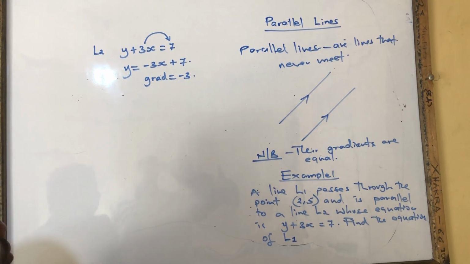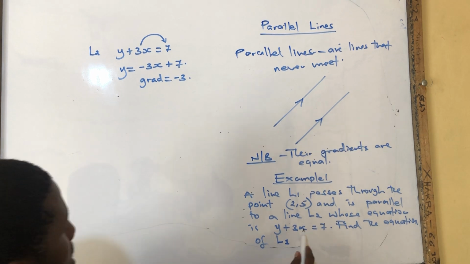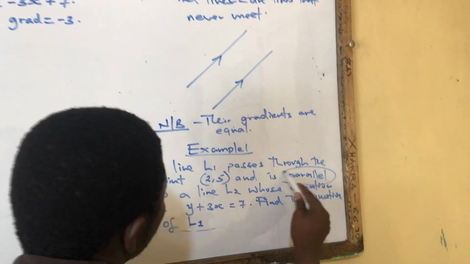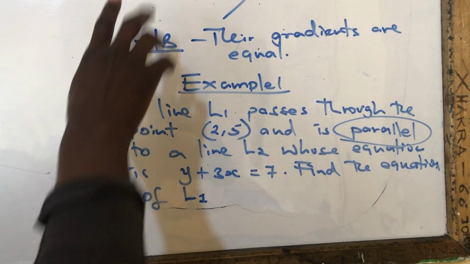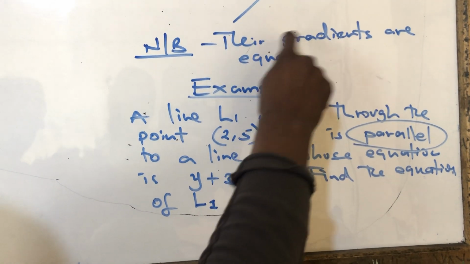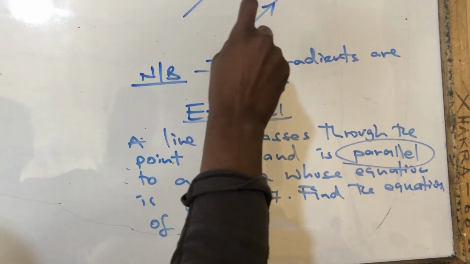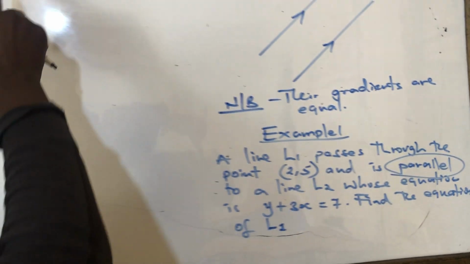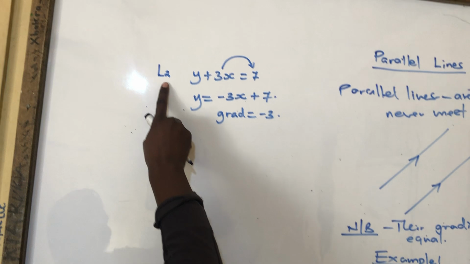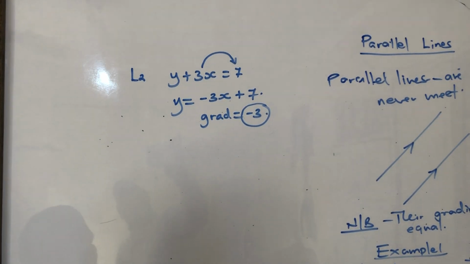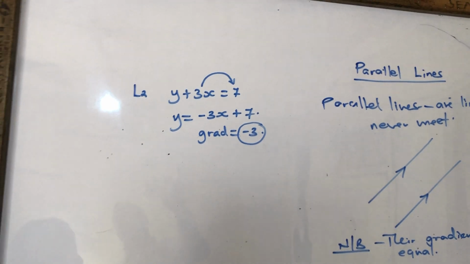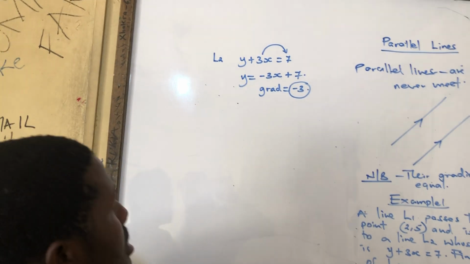Again, do take note, the question told us that the two lines are parallel to each other. We have already mentioned that whenever two lines are parallel, their gradients will always be equal. That is to say, if line L2 has a gradient of negative 3, then line L1 is expected to have the same gradient.